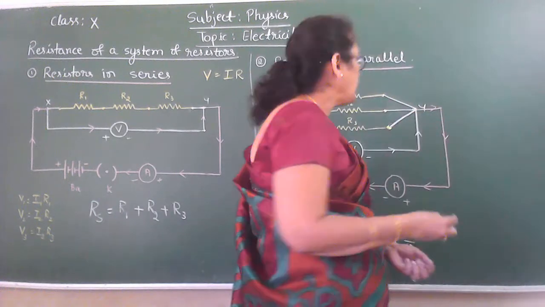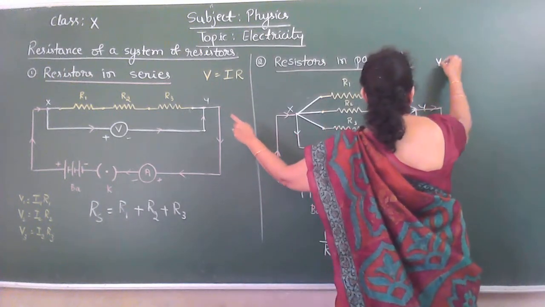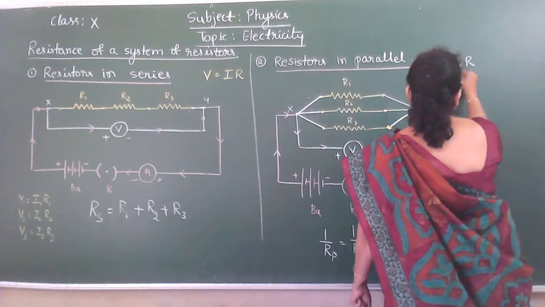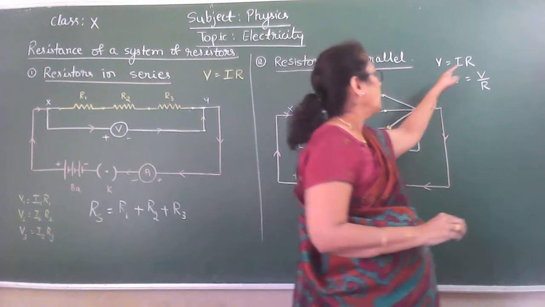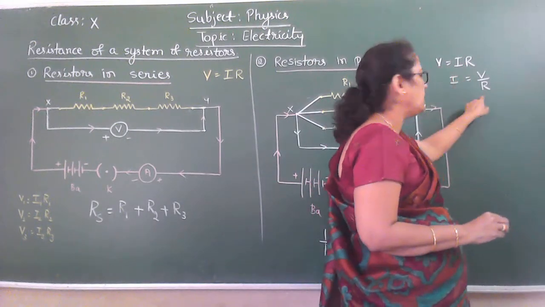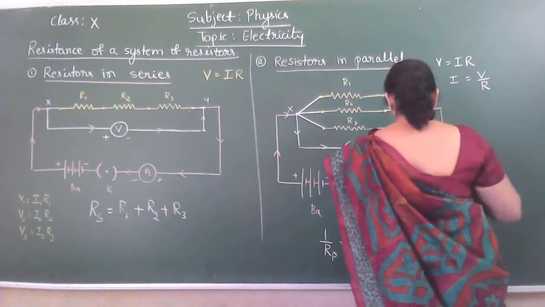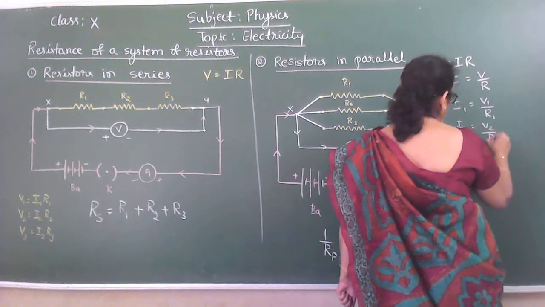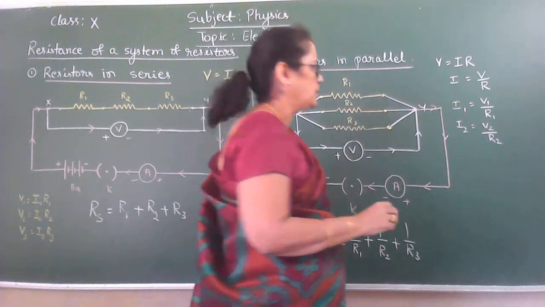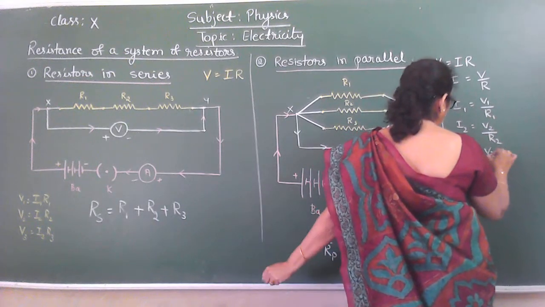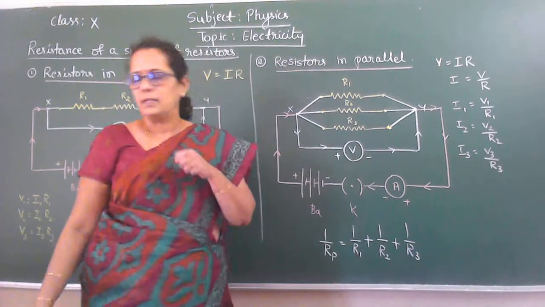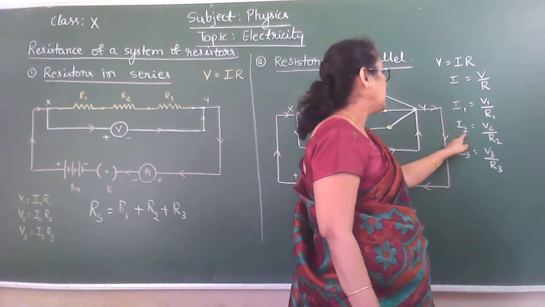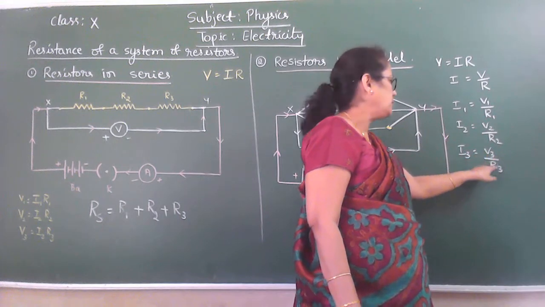You know Ohm's law states V is equal to I into R. But if you rearrange this, I equals V by R. So if you note down the current, we can say I1 equals V1 by R1, I2 equals V2 by R2, I3 equals V3 by R3.